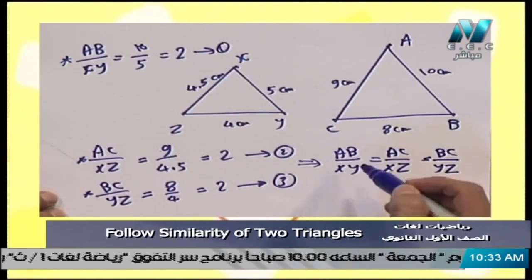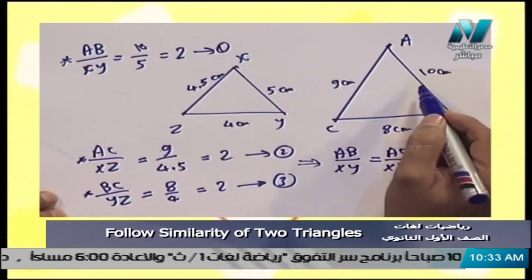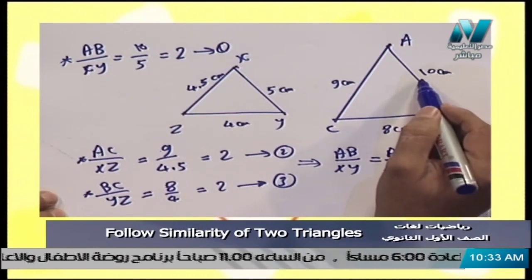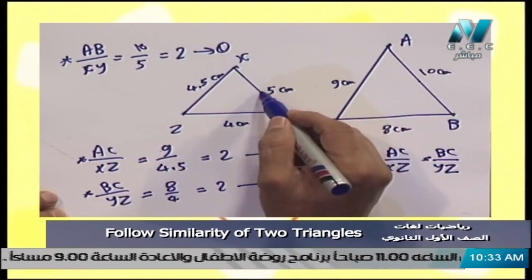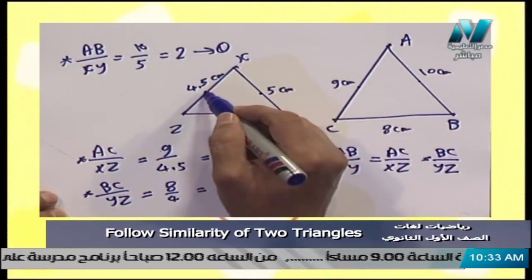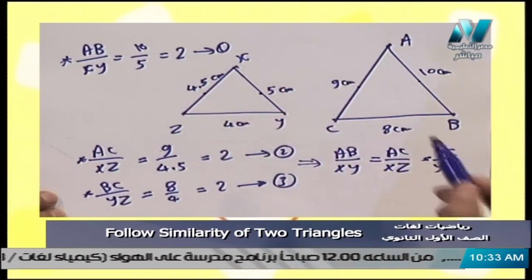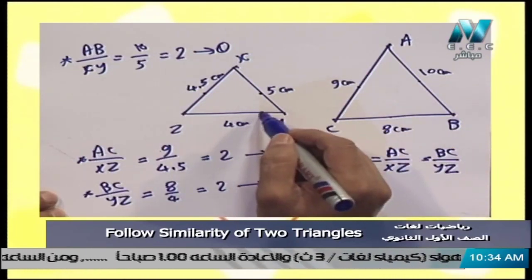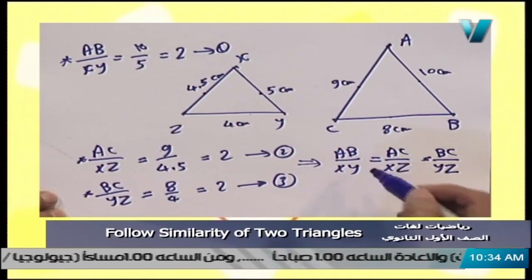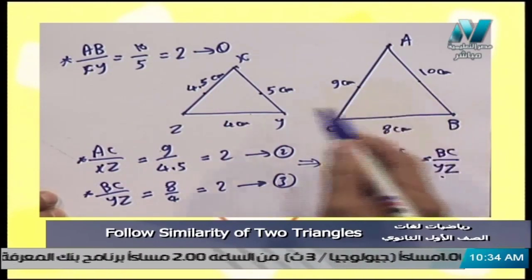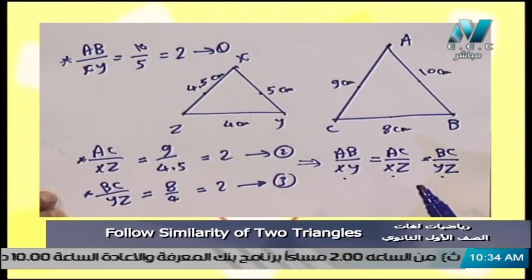Okay, so each two corresponding sides here are proportional. This side over this side makes a ratio equal to this side over this side, which equals the other ratio, and BC over YZ is the third ratio, and these three ratios are equal, so the corresponding sides are proportional.